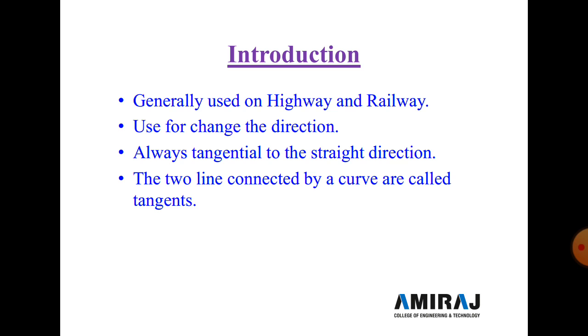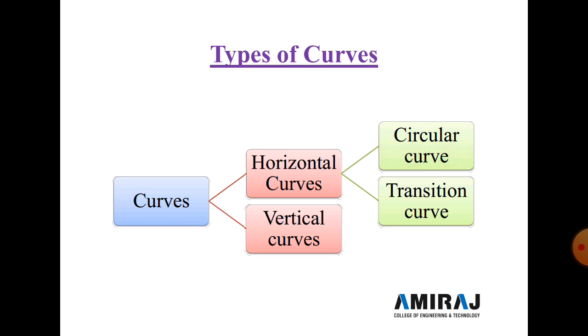This curve is tangent to the main straight line, and the two lines connected by the curve are called tangents. In the next figures, you can see the tangent lines, and when the two lines are connected by the curve, they are known as tangents.